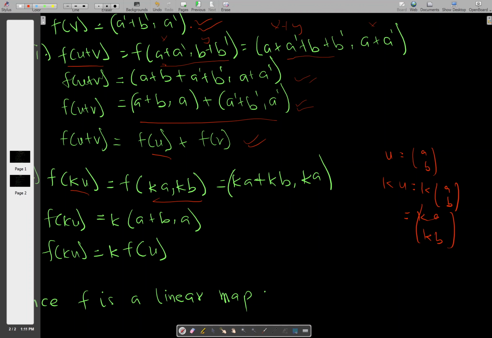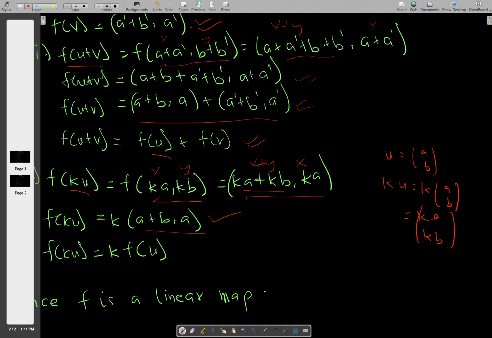From the definition, ka is the same as x and kb is y, right? So we find the sum. Thus we have (ka plus kb, ka), that's (x plus y, x). From here, we can factorize k out. When we do that, we get k multiplied by (a plus b, a). And we know that (a plus b, a) is f of u.